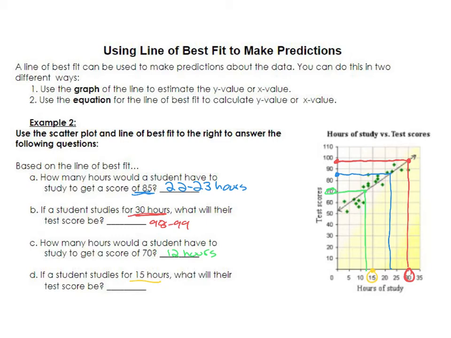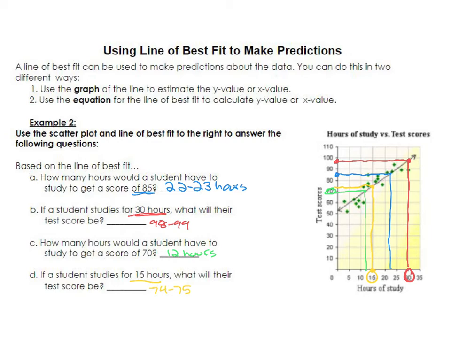Just to make sure we're finding the first one, that's going to trace us up to about here, and then over to about 74, 75, something along those lines as far as our test score.